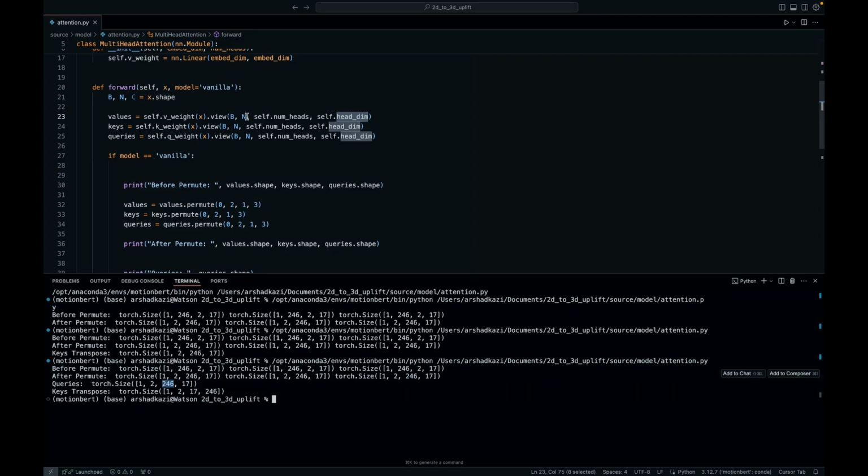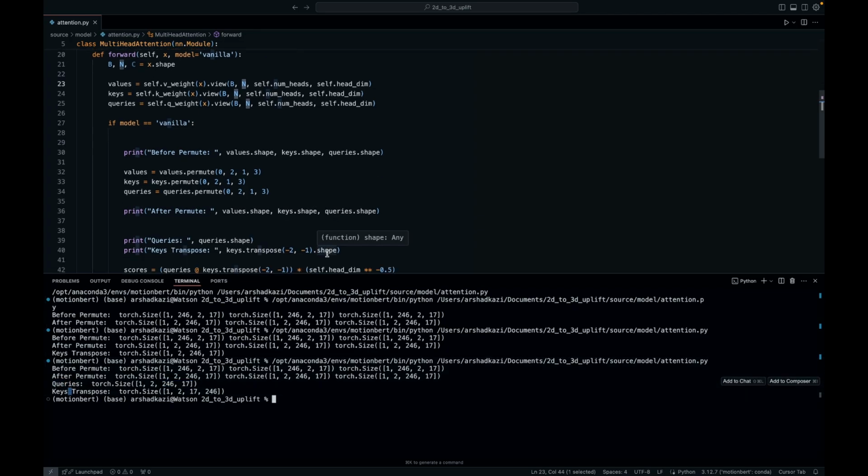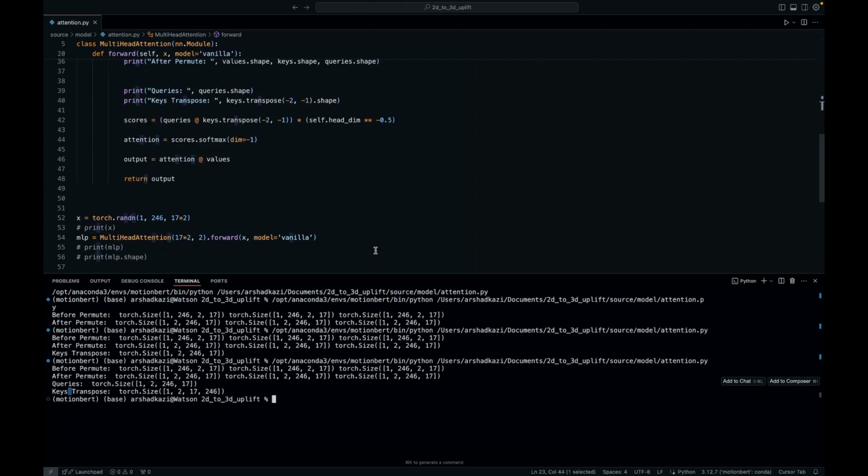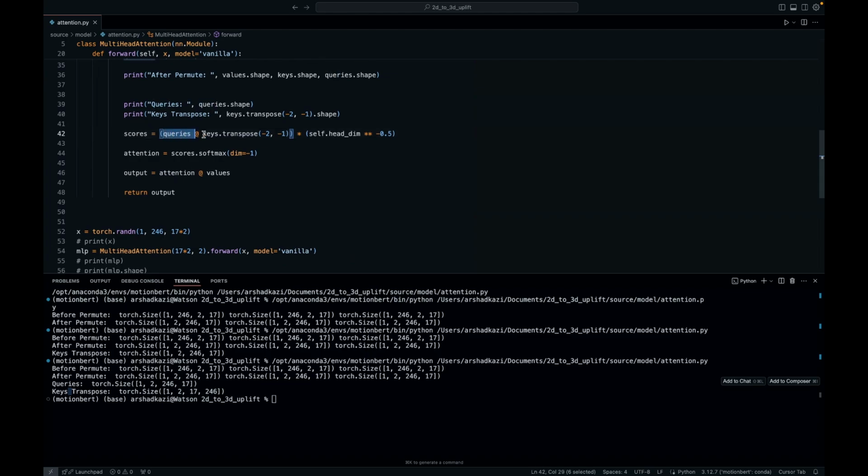So based on this embedding space, we are combining queries and keys for each head dimension at every contextual length. That will be our first linear operation.